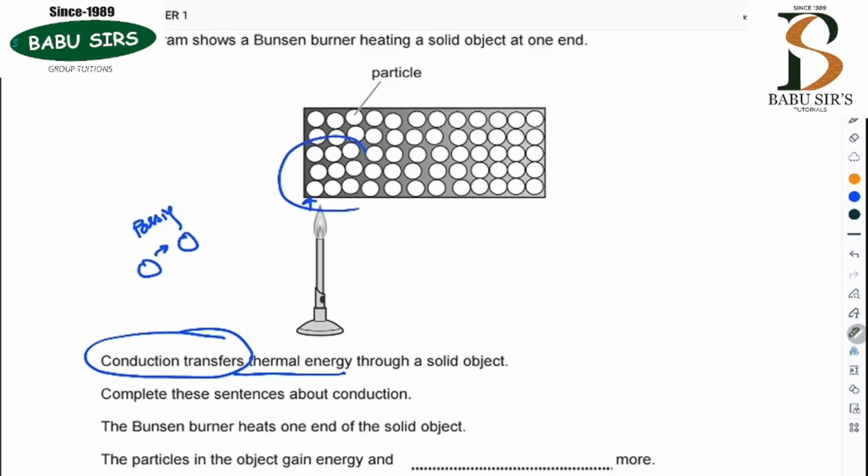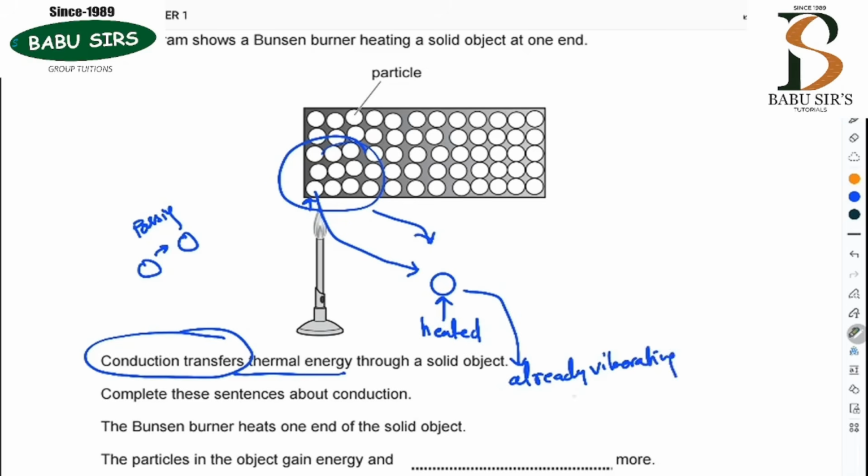So we'll take an example of all this here. So this is your first, this one particle which is getting heated. Now this particle is already vibrating. Now because of heat energy, it will vibrate more.